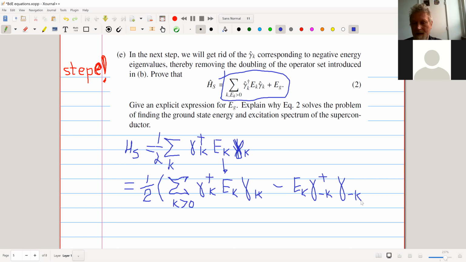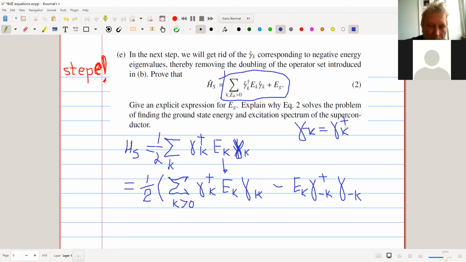So now I need to recall that gamma minus k is gamma dagger k, which we have derived in the previous point.